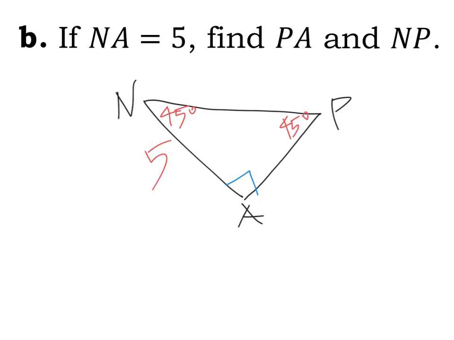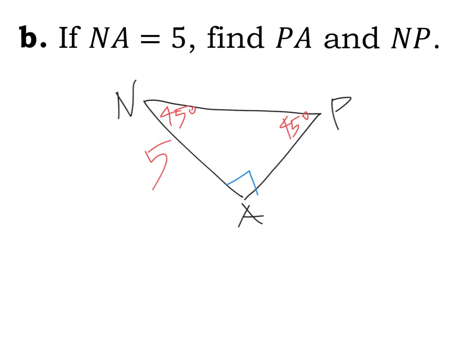And so that makes this a 45, 45, 90 triangle. So if you think back to the 8.3 notes on special right triangles, we talked about 45, 45, 90 triangles there. And so it says that both the sides across from 45-degree angles are the same thing.